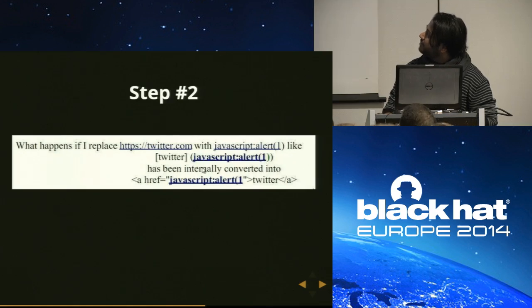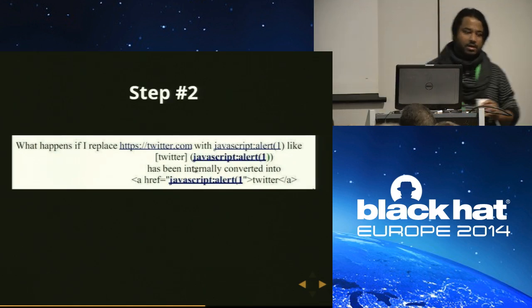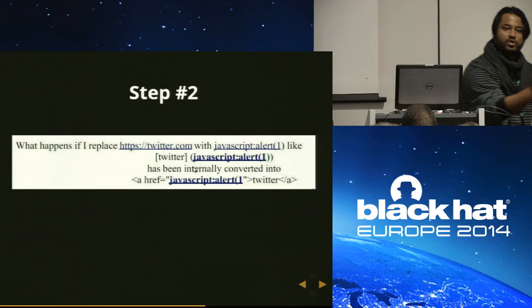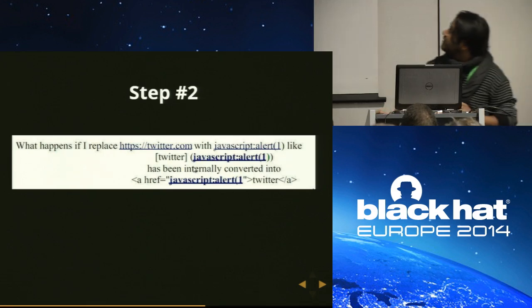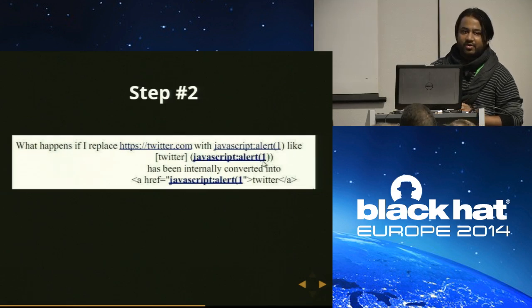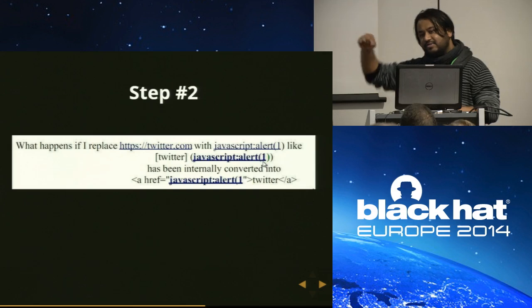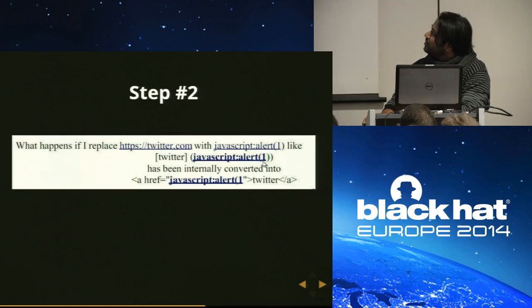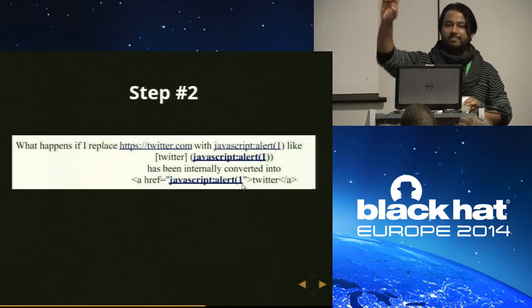Because in their system, if there is a closing parenthesis, okay, done, URL finished. Here you see this alert 1, this closing parenthesis. In order to execute a function, I need a closing parenthesis, but their system assumes, okay, now the URL is gone. So internally it has been converted into this. Here you see the parenthesis is missing. It means the first step failed.